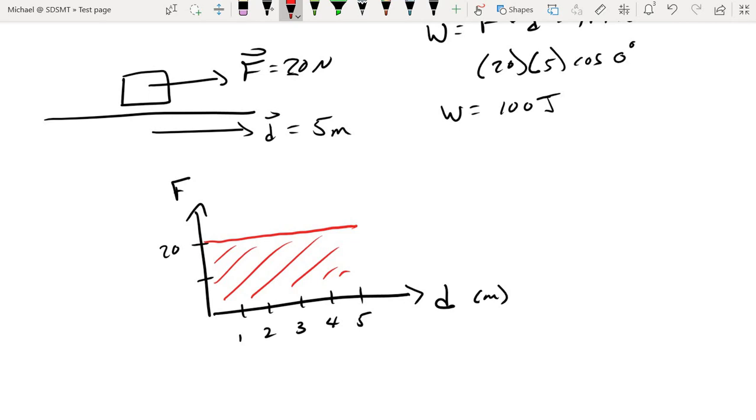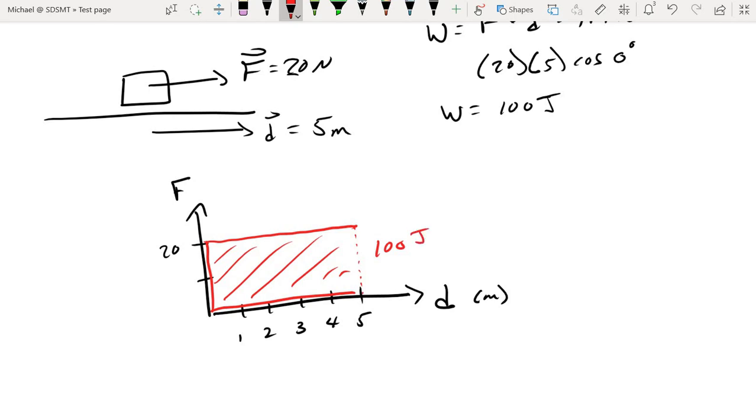And for us, the area underneath this force function is just the length times the height, which is 20 times 5, which is 100. So the area underneath that force function, even though it's just a line, it's still a function, is 100.